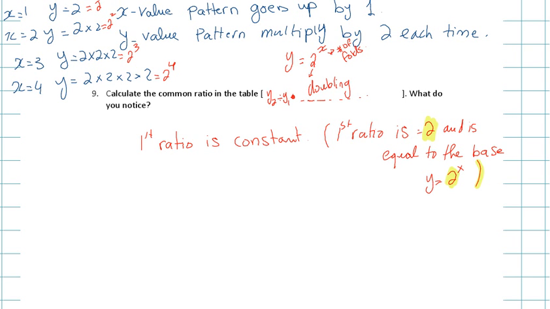What the ratio is, that's going to be your base. If your ratio was, let's say, 0.5, then your base is 0.5.